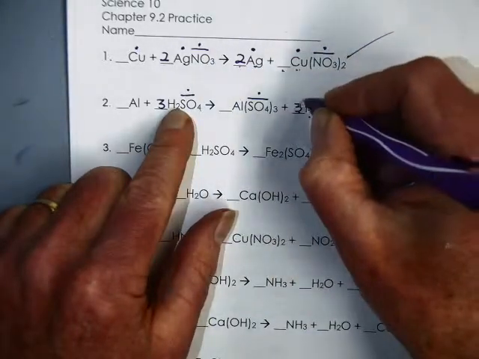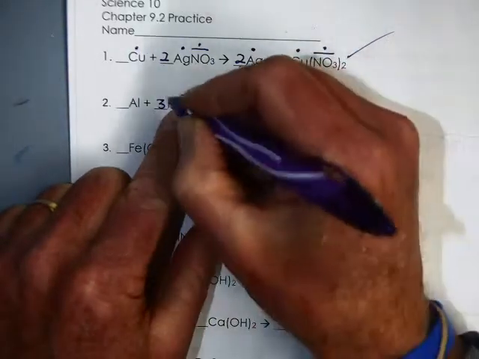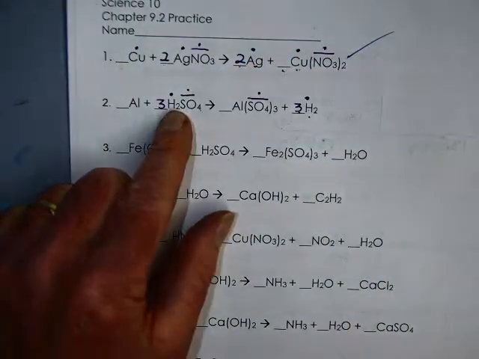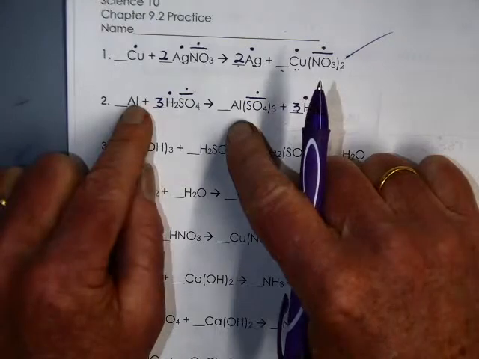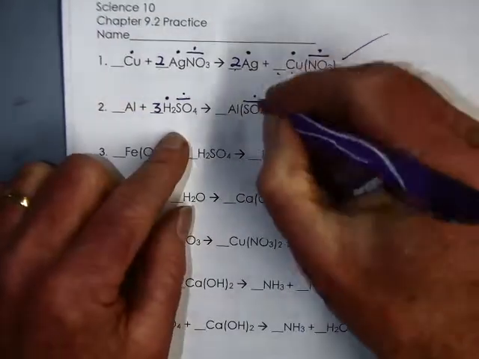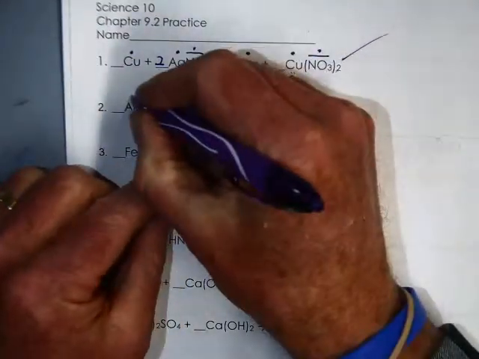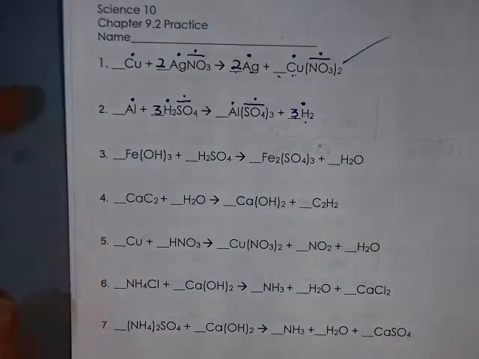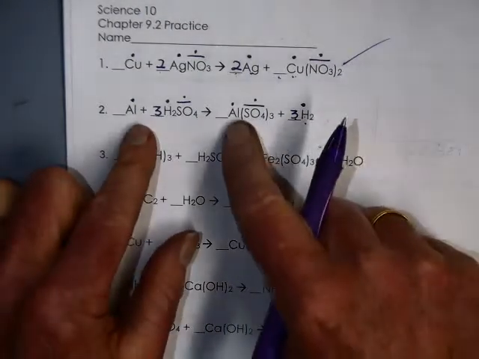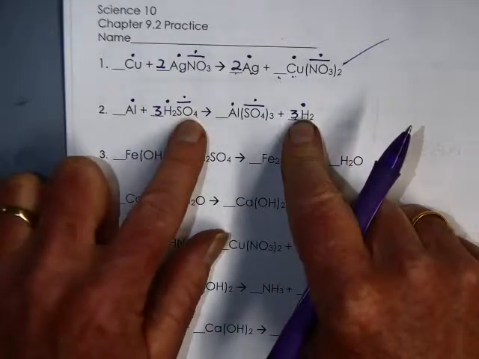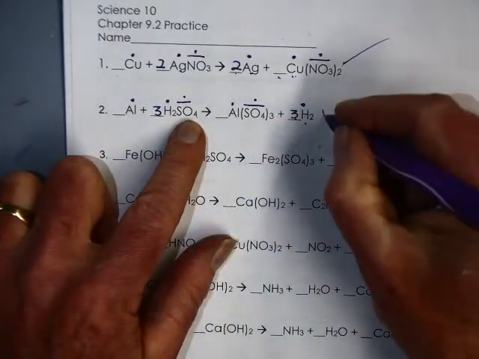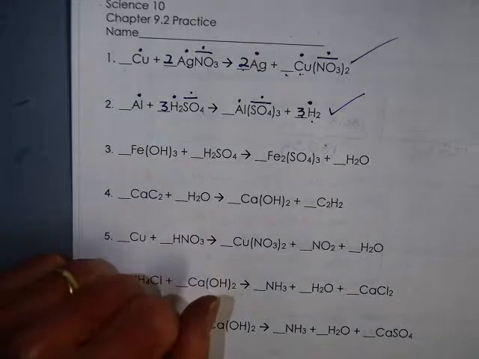So I have 6 here and I have 6 here. Looks like those are done. What's left? The aluminums. I have 1 aluminum here. Oh, jeez. 1 aluminum, 6 hydrogen, 6 hydrogen, 3 sulfates, 3 sulfates. Oh, what a fine young chemist am I.